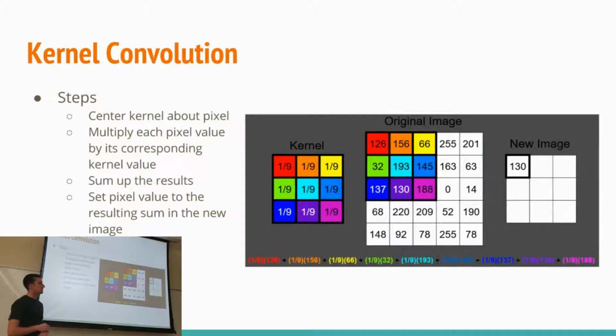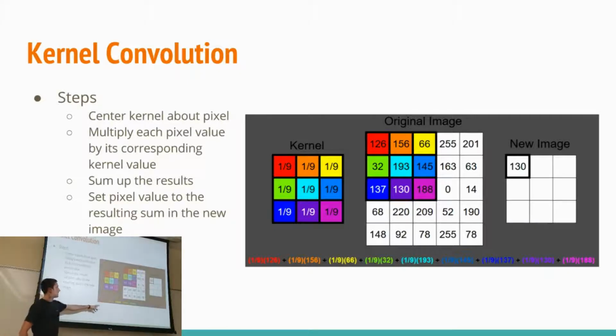So now we'll get into a little bit more of the meat of what kernel convolution is. So basically, you take that kernel, you center it around a certain pixel. In this case, we're centering the kernel around the baby blue 193 pixel, and then we lay the kernel over top of that. And what we're doing is multiplying the kernel times the pixel values.